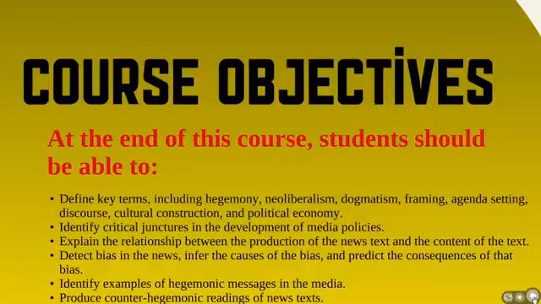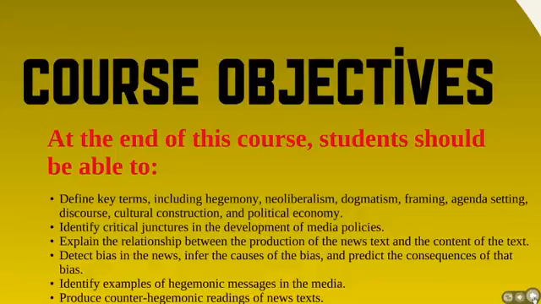You should be able to identify critical junctures in the development of media policies. You should be able to explain the relationship between the production of the news text and the content of the text. You should be able to detect bias in the news, infer the causes of that bias, and predict the consequences of that bias.